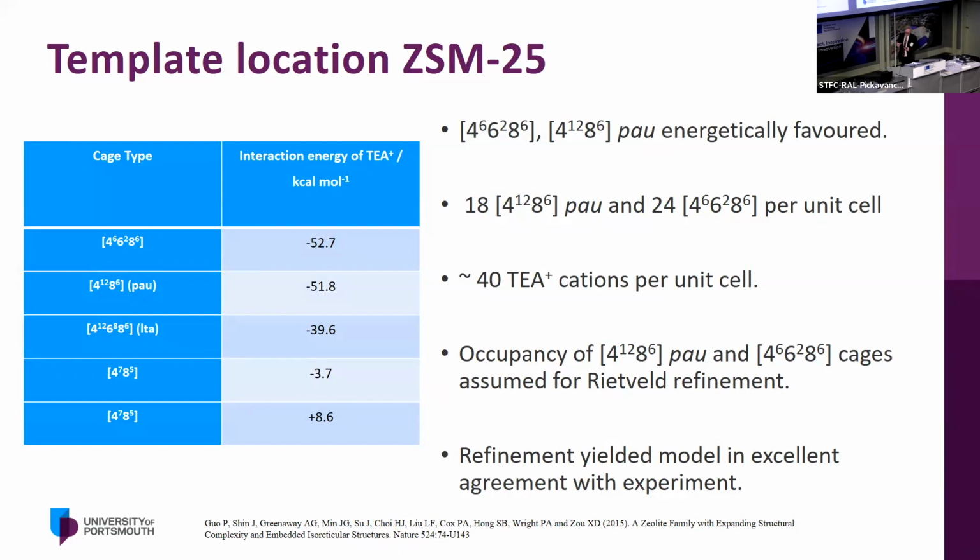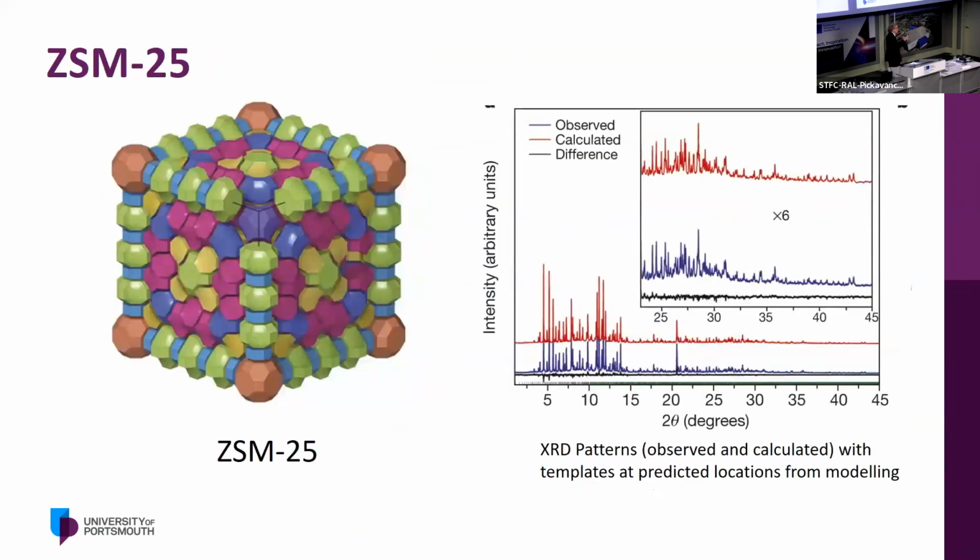So again, in terms of the refinement of the structure, if you put the templates in the predicted locations, that again gave an extremely good fit with the X-ray diffraction pattern.